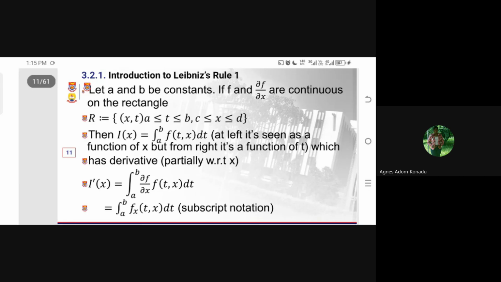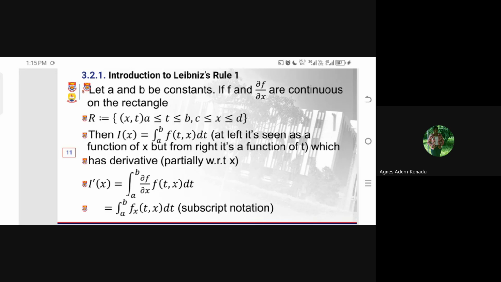So if you want to find the derivative of I of x, it is the integral from a to b of the partial derivative of f, the function which you'll be given, in terms of two variables, t and x. Then when you are done, you will find the integral with respect to t. So first of all, you have the function.